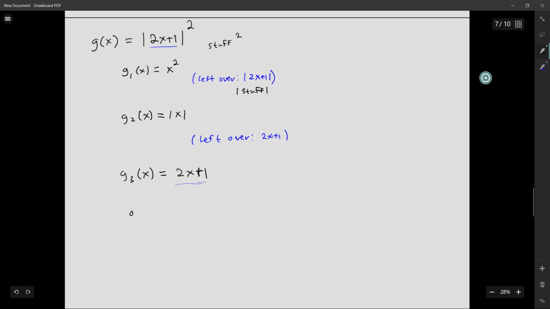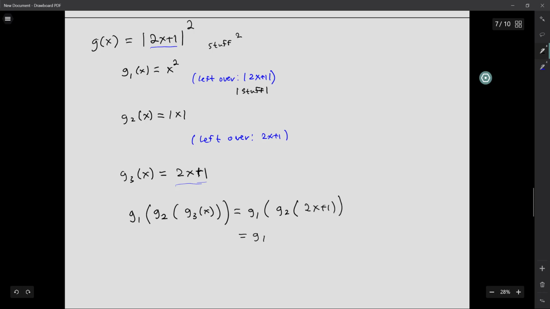So if we look at the composition g1 of g2 of g3 of x, always check your answers with this step. Ooh, a triple composition. Let's see, g1 of g2, and I'm filling in g3. g3 of x is 2x plus 1.